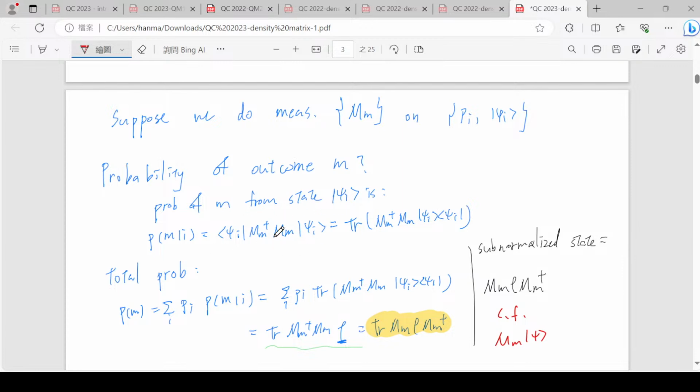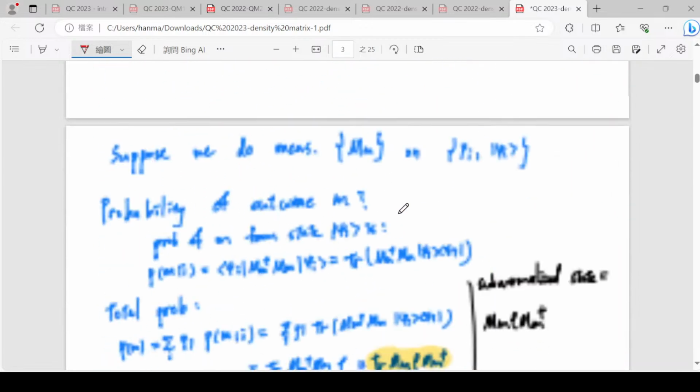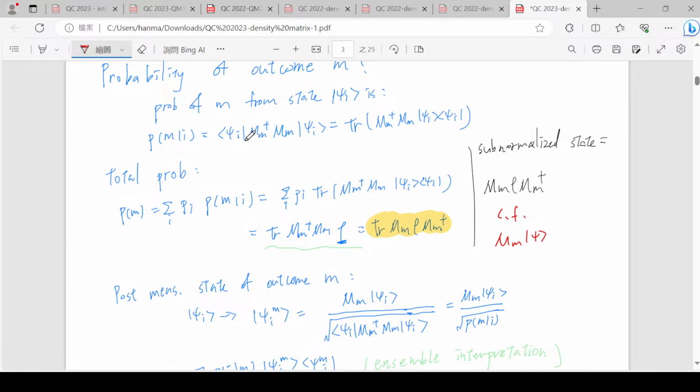So it's an inner product with itself, and then we do the trick of seeing that the trace is invariant under cyclic permutation, the trick we used before. This is a number, a 1x1 matrix, so we can add a trace.